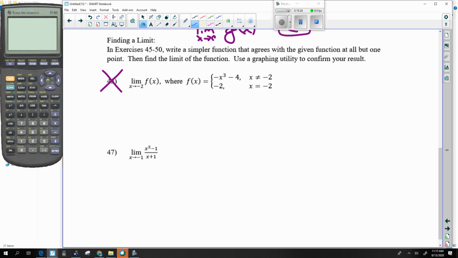So what they're trying to teach you in these problems, 45 and 47, et cetera, is I can't use the equation that they give me because there's illegal mathematics inside of it. So I can't use that equation itself, but rather I need to simplify it.